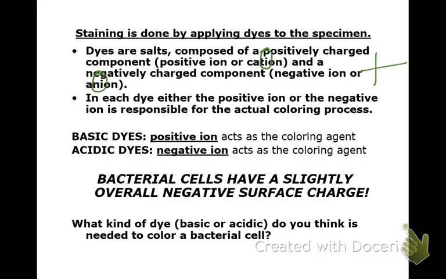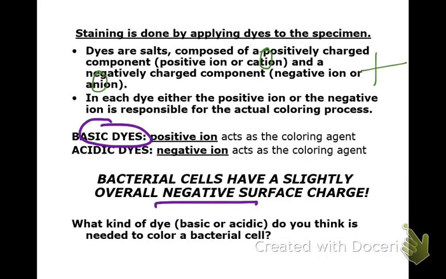In each dye, either the positive or the negative is going to attract and bond to the organism, the bacteria, to make it dye. And so basic dyes are positive, or cations. Acidic dyes are the negative ones, and they are the anions. Well, bacteria have a negative surface, and so what kind of stain would you want to use?